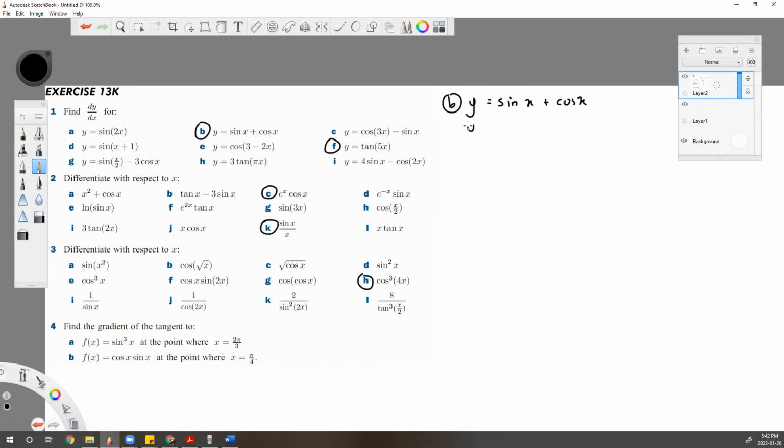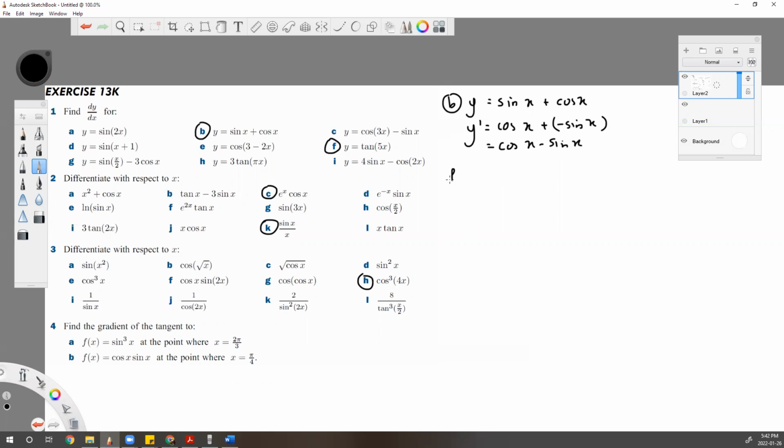This is the regular derivative. Sine becomes cos. Cos becomes negative sine. Right? Done. Or you can just simplify like that.